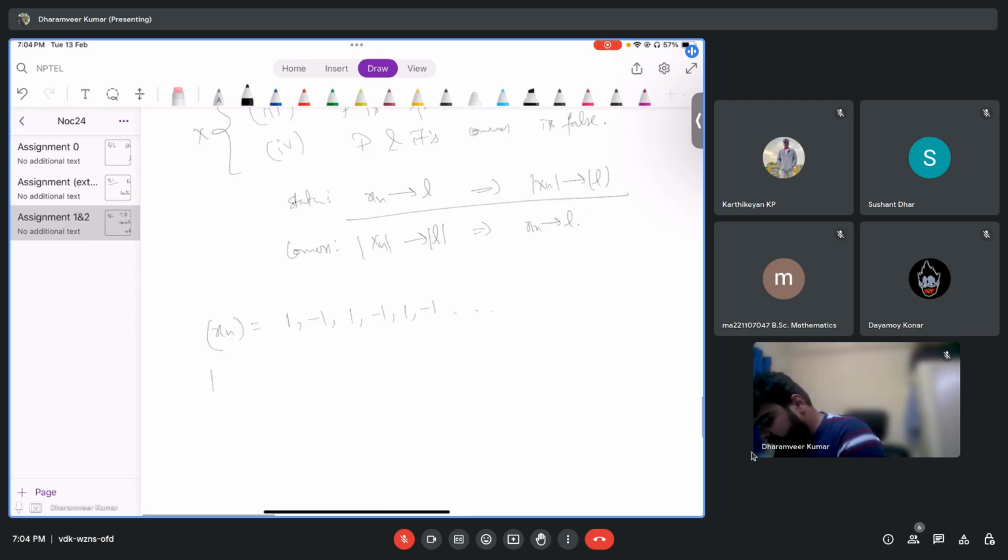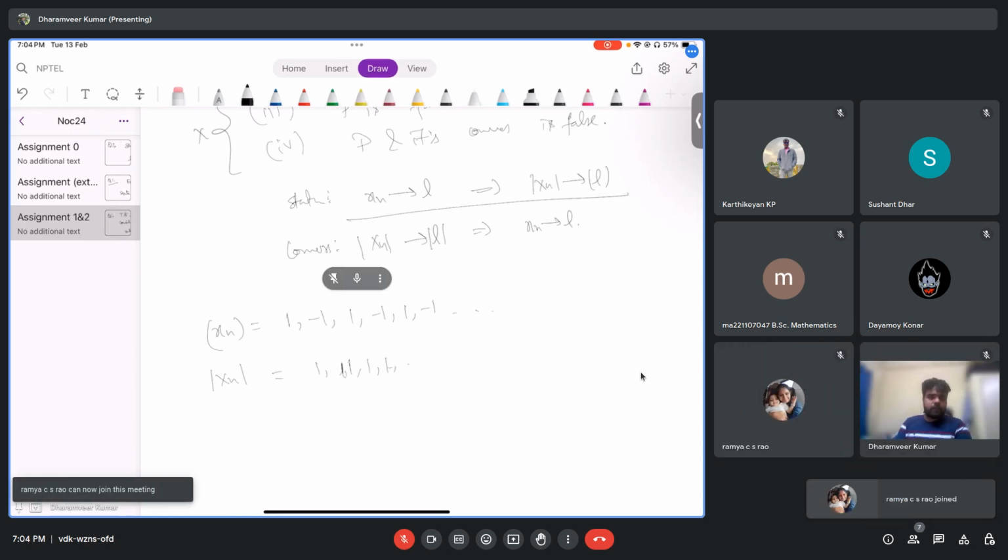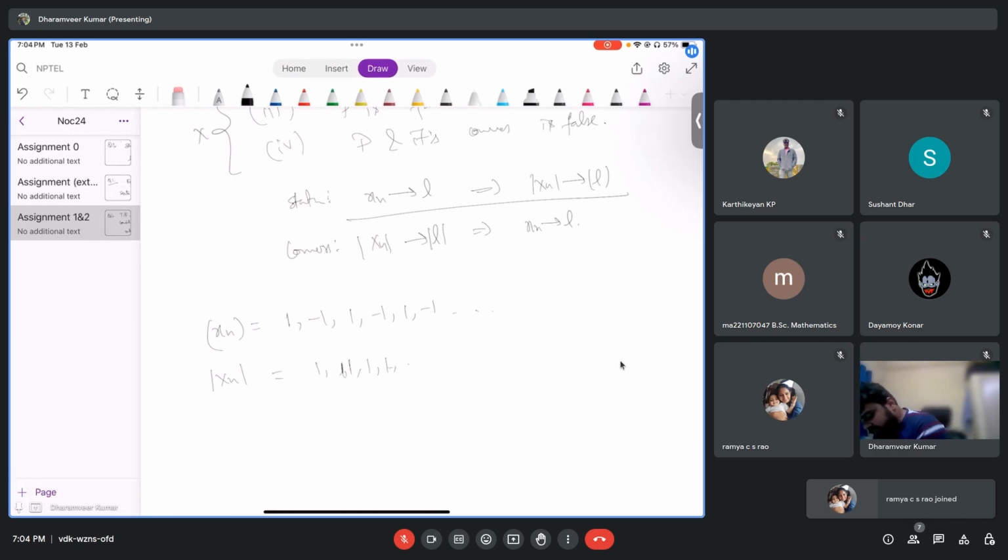If we do mod xn, it is nothing but 1, 1, 1, 1, 1. This sequence 1, 1, 1 converges, but xn diverges. So mod xn is converging and xn is not converging.